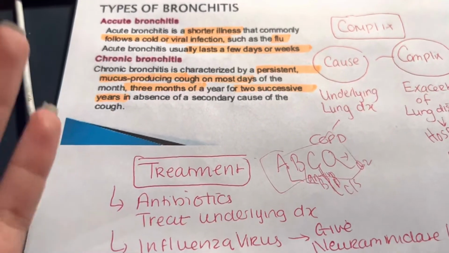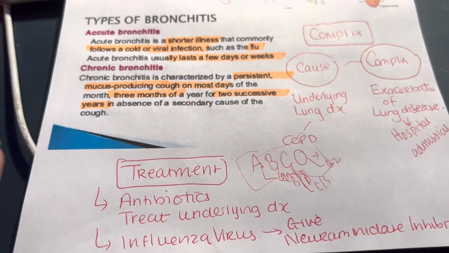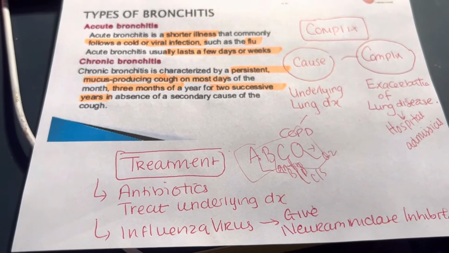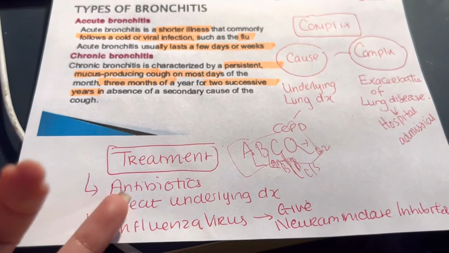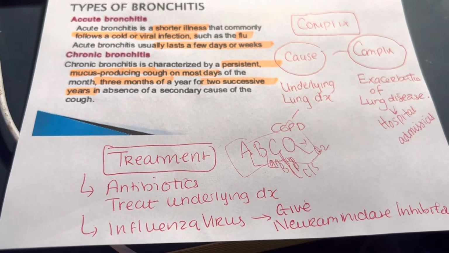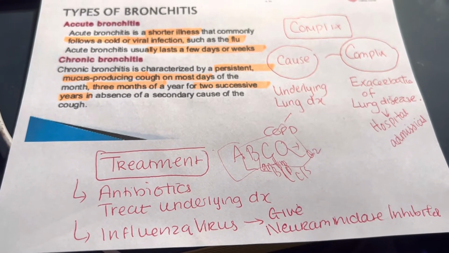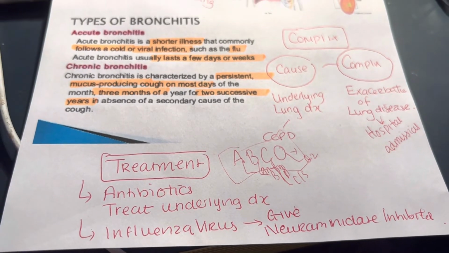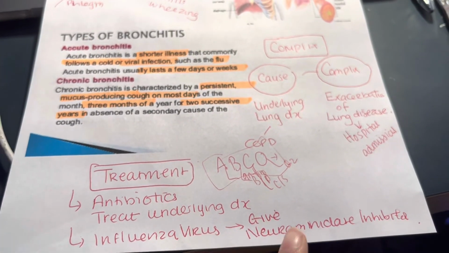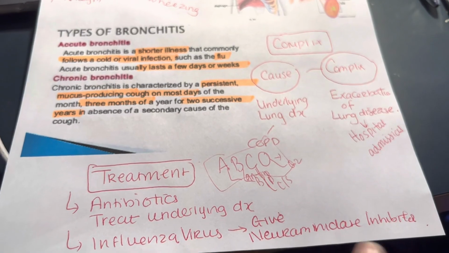Once again, it's a post-infectious inflammation of the bronchi leading to obstruction in air. So you also want to treat the underlying lung disease, however you're going to treat it. And if you suspect influenza virus has caused it, you want to give a neuraminidase inhibitor.